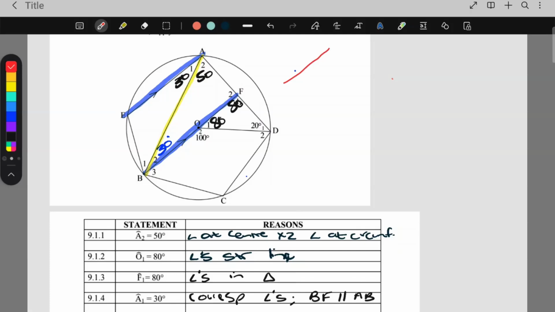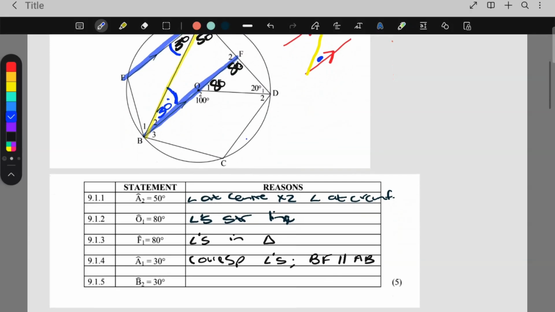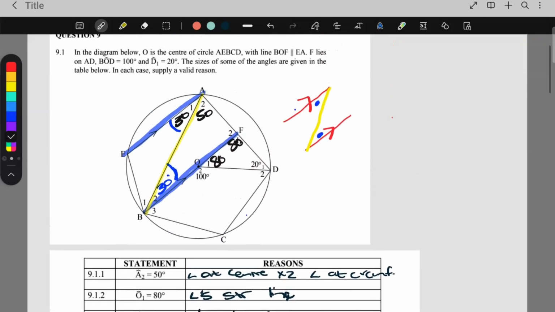Then this angle is equal to this angle, alternating angles. That's the reason why B2 is 30. Let's write that in, because of alt angles. The lines that are parallel are the same lines, BF is parallel to AB. And that's how you solve this question, grade 11s.